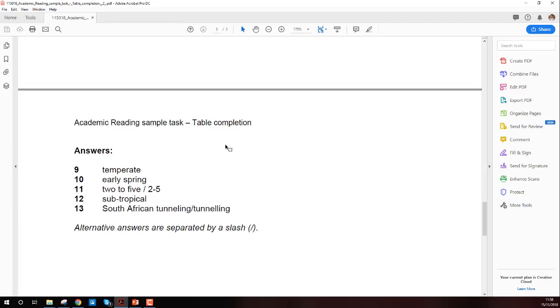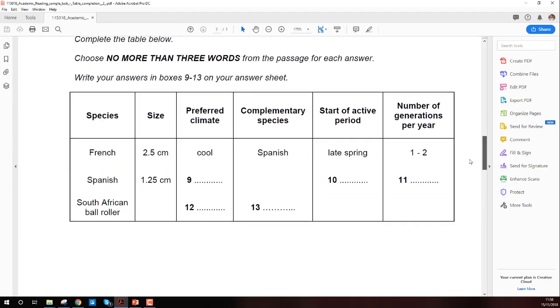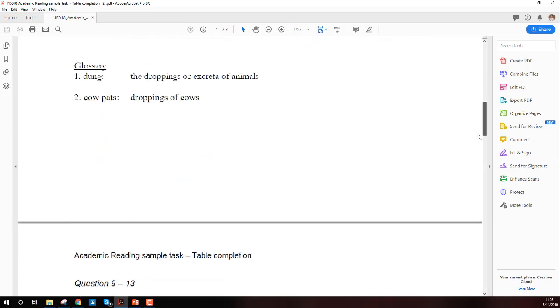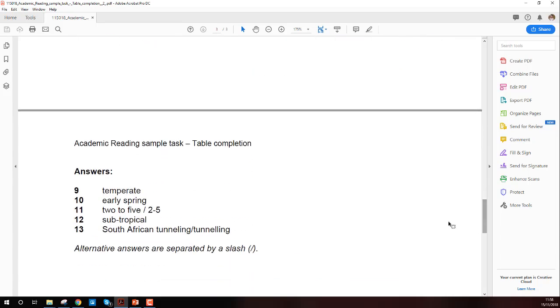So let's have a look to see if my answers were correct. Temperate, yes. Early spring, yes. I put temperate. Did I put temperate climate? Yeah, it doesn't say there. But I don't agree that this temperate would be the only answer there.